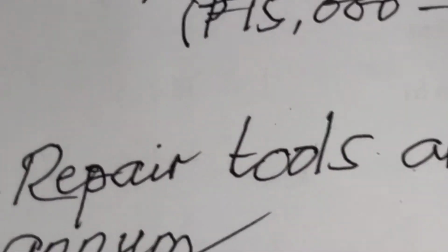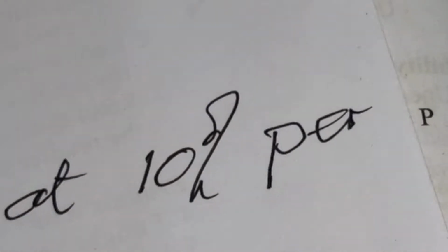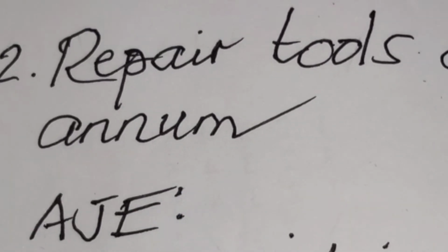Okay, next. Repair tools are depreciated at 10% per annum. Per annum means every year. What is the adjusting journal entry?